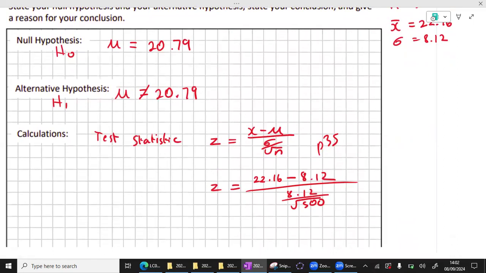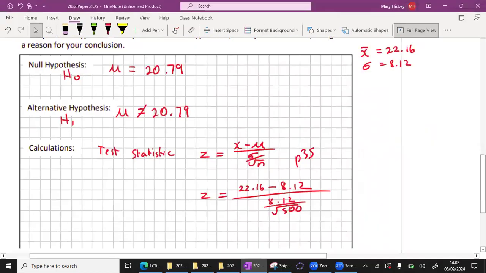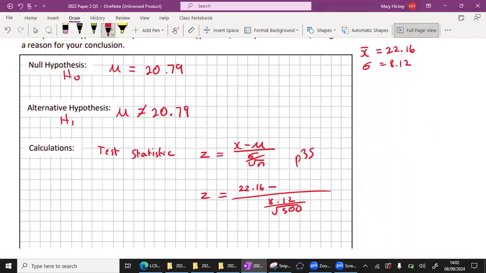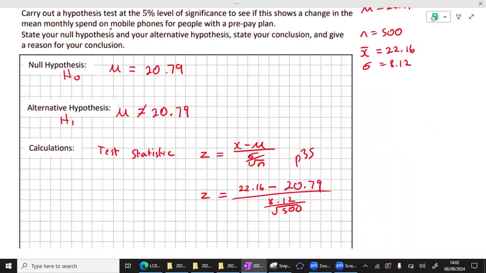8.12 all over the root of 500. Now, this 22, sorry, I must have done something there. 22.16 minus my, sorry, my mistake, my mu is the original amount, so I should have put in 20.79. I put in the standard deviation by accident there.